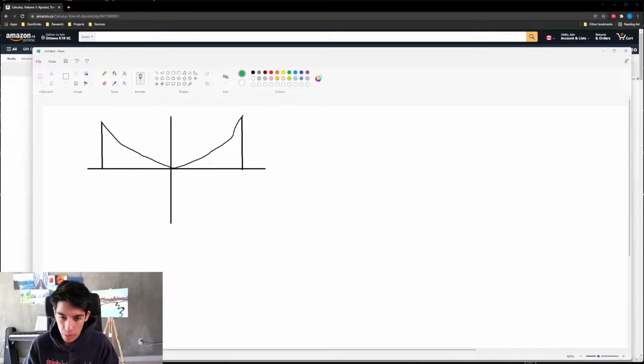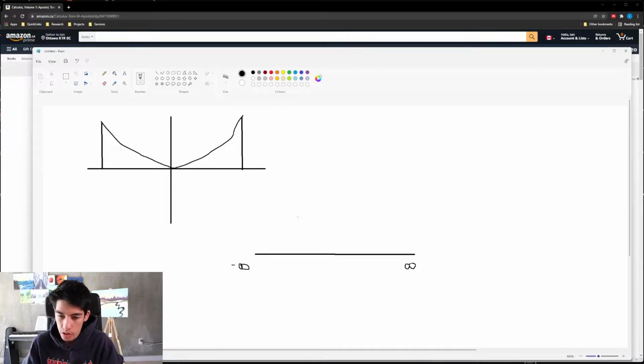And probably the best way to start off is by bounding what the possible answer could be. So imagine we have some number line, and it goes from negative infinity to positive infinity.